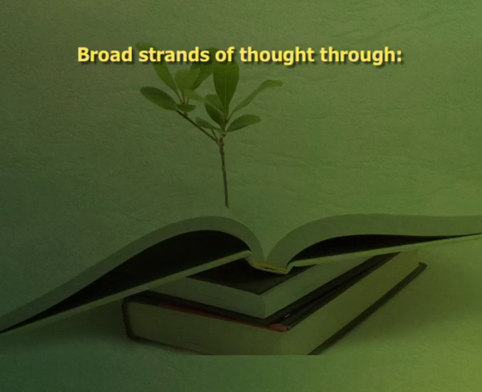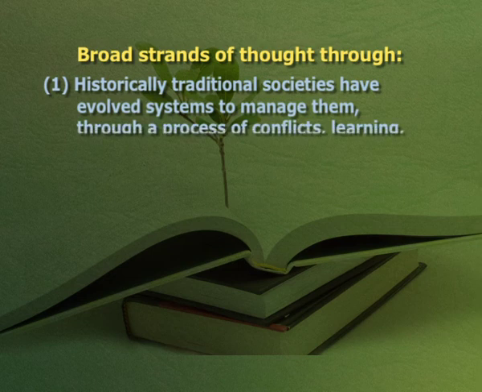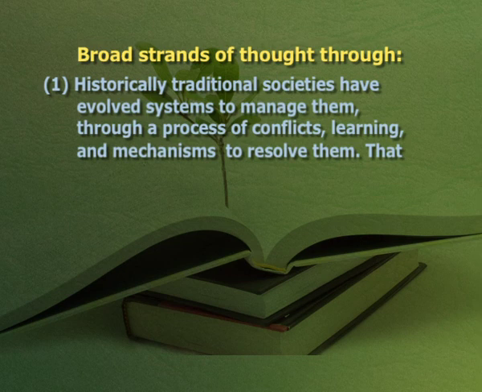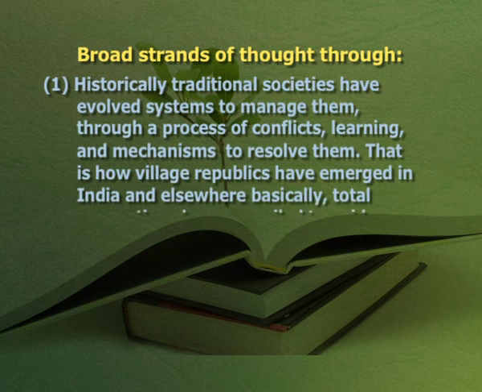Thus, there are three broad strands of thought through which institutions have evolved to manage CPRs. First, historically traditional societies have evolved systems to manage them through a process of conflicts, learning and mechanisms to resolve them. That is how village republics have emerged in India and elsewhere.